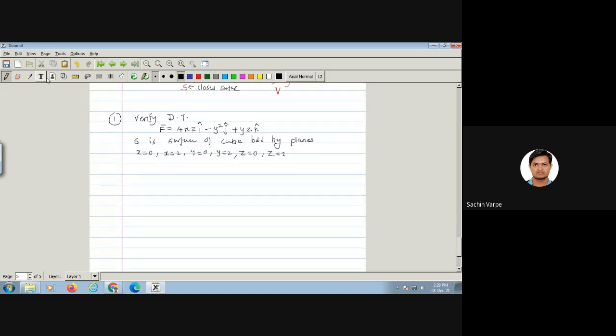So let us draw the region first, the surface first. What is the surface? X equal to 0 means which plane? YZ plane, right?